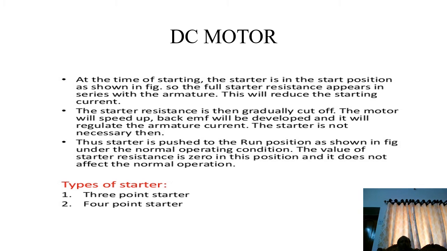For example, in your laboratory, you take a rheostat which is connected in series with the armature winding. With the rheostat at zero resistance, the machine rotates at high speed. At the middle position of the rheostat, the machine rotates at average speed.